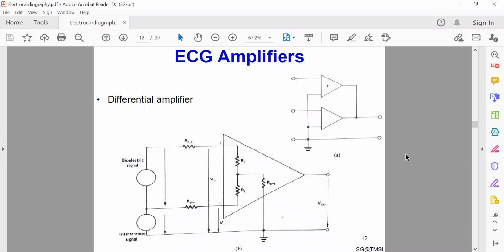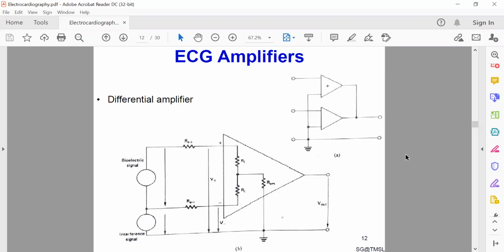All of you know that. Both amplifiers have the same voltage gain, but one is inverting while the other is non-inverting in nature.